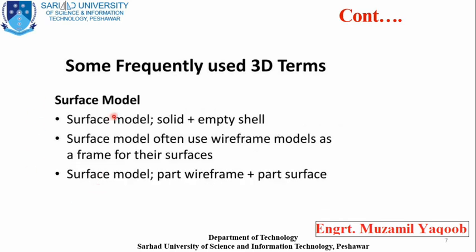Now the surface model. Surface model means, in short, we can say solid plus empty shell. Surface models often use wireframe models as a frame for their surfaces, so a surface model means part wireframe plus part surface. By combining these two, it gives us the surface model.